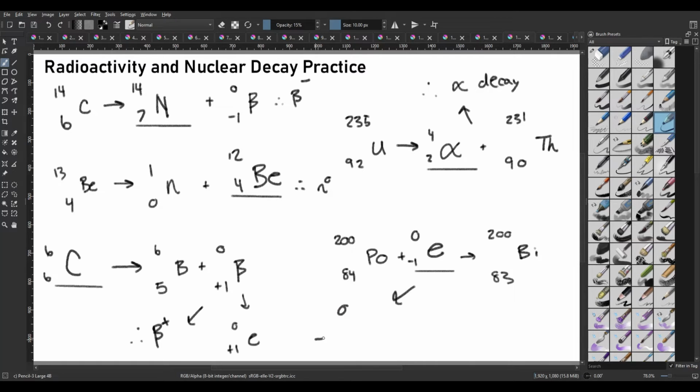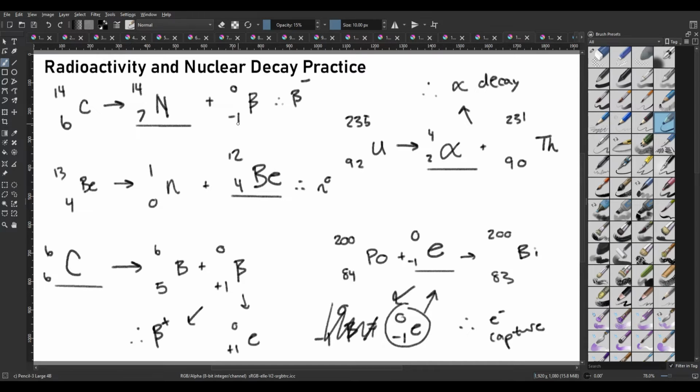This, in this case, is not the same thing as an electron. So we can't use the beta particle notation. We have to use the electron here. And because the electron is on the left side, this nucleus is capturing that electron. So this makes this an electron capture.